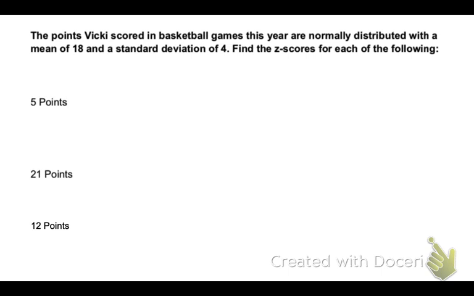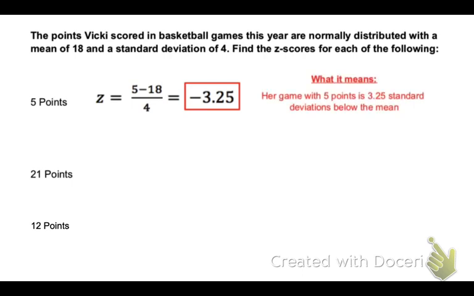For 5 points, we would take the value 5, subtract the mean of 18, divide it by the standard deviation of 4, and we get a z-score of negative 3.25. The way we interpret that score is that her game with 5 points is 3.25 standard deviations below the mean. And so if it's below, obviously she didn't score as well in that game.